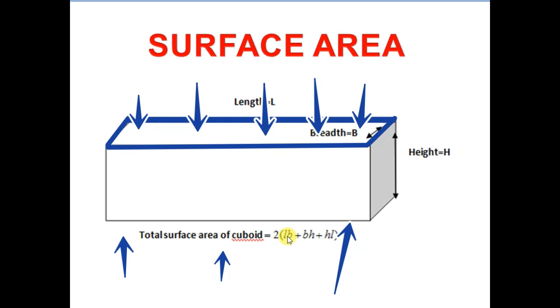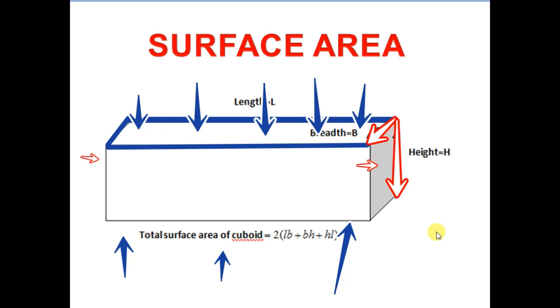Then you have B into H. So here is your B, this one, and this is your height over here. So you multiply it by 2 again. Why are you multiplying it by 2? Because this is one area, and here you also have another surface.